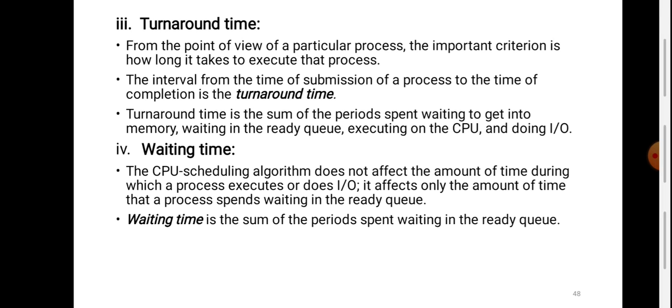Like this it can keep on switching from CPU to input output and input output to CPU. Like this ultimately it completes its execution, and the time taken by the process once it enters the CPU till the completion of its execution is called turnaround time.